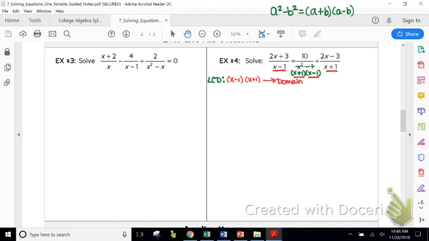So you're going to set that least common denominator not equal to 0, which means x minus 1 cannot equal 0 and x plus 1 cannot equal 0.